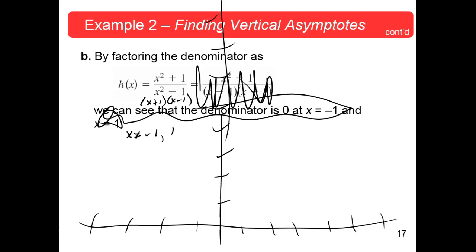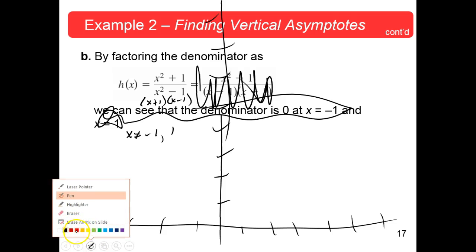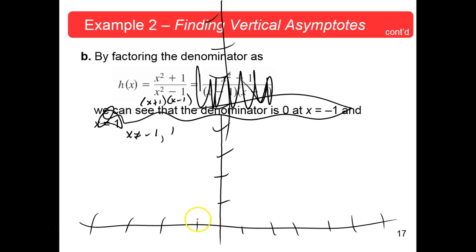So, x equal negative 1, vertical asymptote, not very pretty. X equal positive 1, vertical asymptote, not too pretty. Okay. Now, at the same time, can someone tell me what the horizontal asymptote would be if it has one?